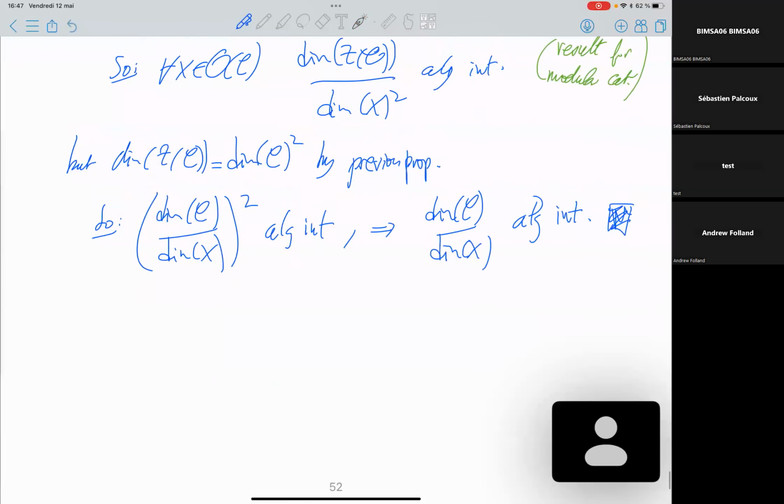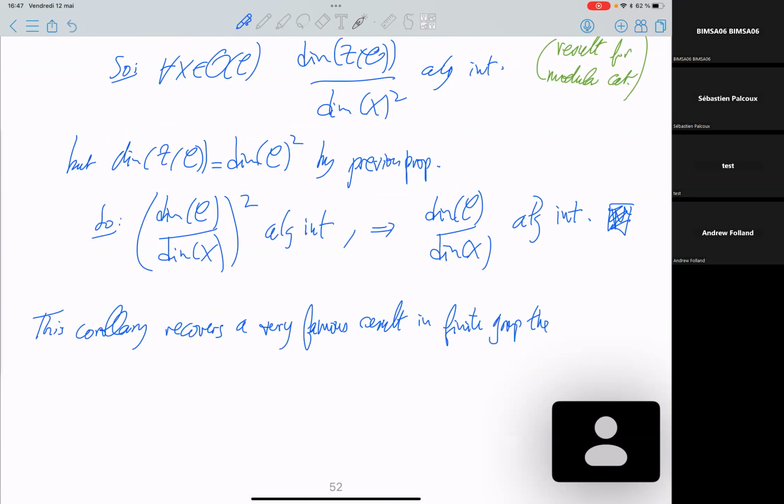So this corollary recovers a very famous result in finite group theory due to Frobenius.